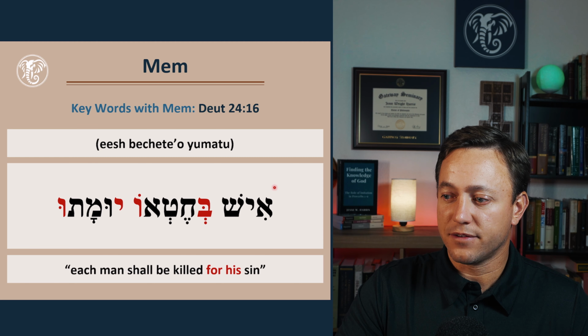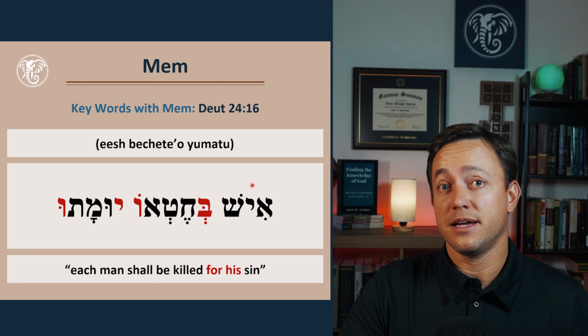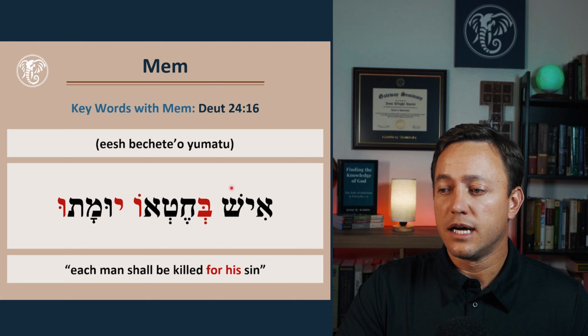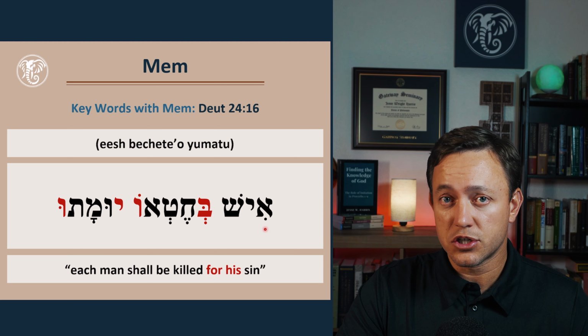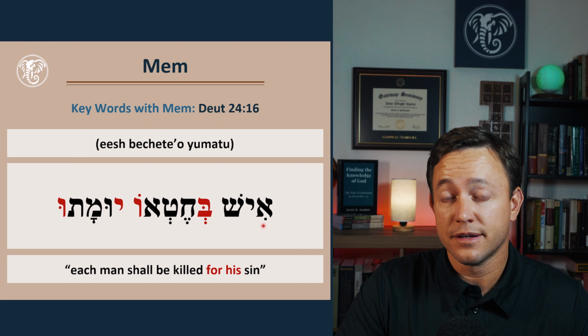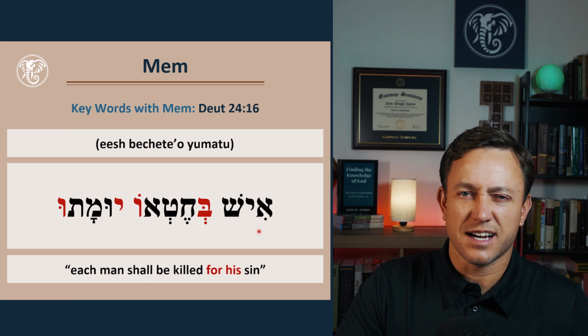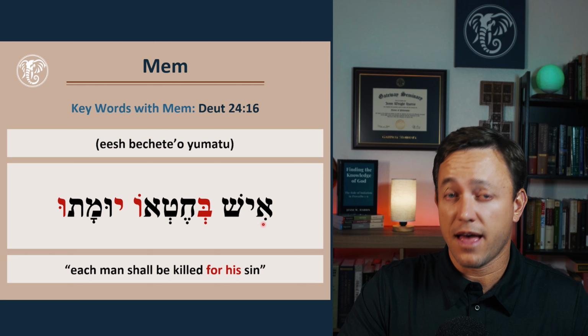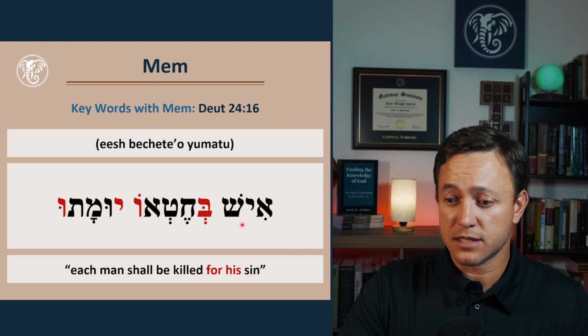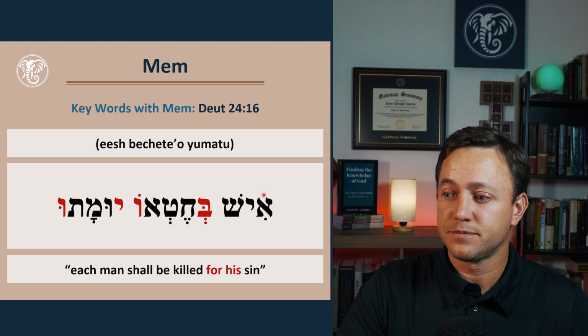All right, so what do we have here? Well, ish means man. And remember, we've mentioned this before, but sometimes ish means just man, but sometimes it gets used in this kind of idiomatic way to mean something like each man or every man, okay? In this case, probably something like each man, referring to father and son or whoever.